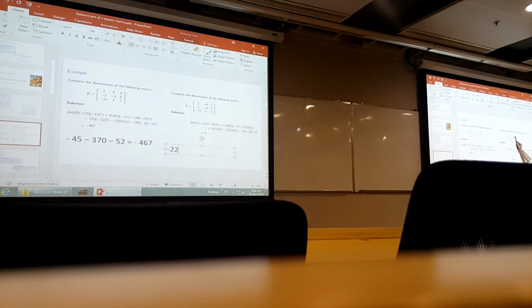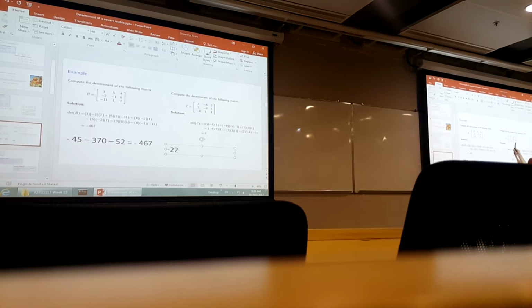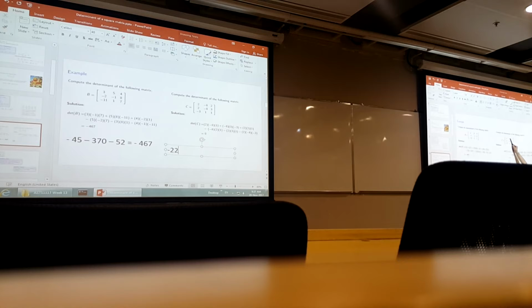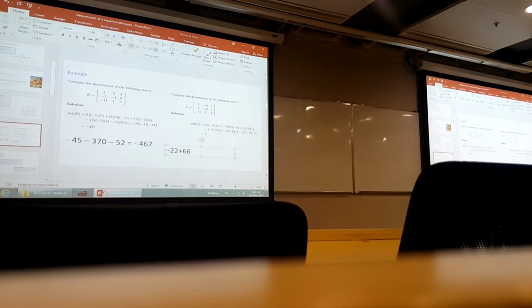The second one is this minus 6 to minus 9, which is 2 plus 9 is 11. 11 times minus 6 is minus 66, but it is minus 66 becomes add to 66.